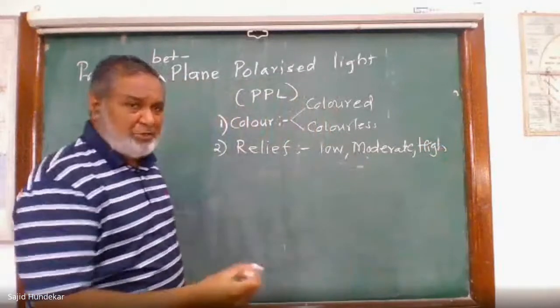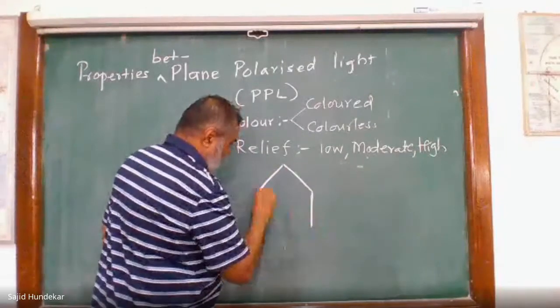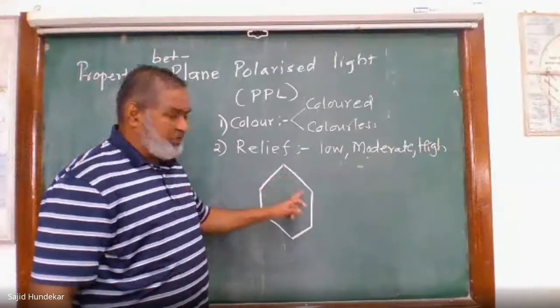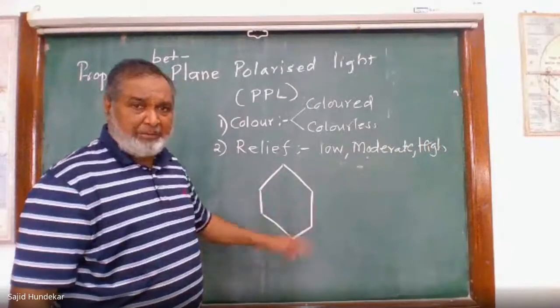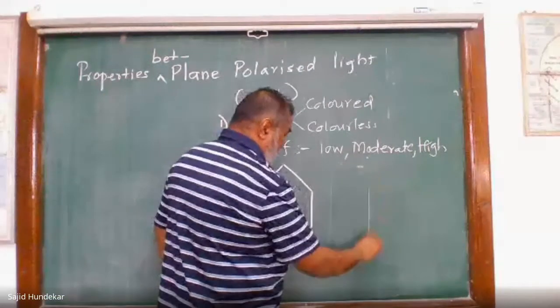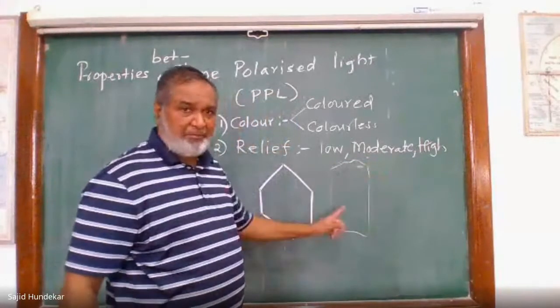See the difference now. I'll draw the diagram. You can see the middle one which I have drawn, it is six-sided, a polygonal shape. Now the second one I am going to draw. Now see the difference.